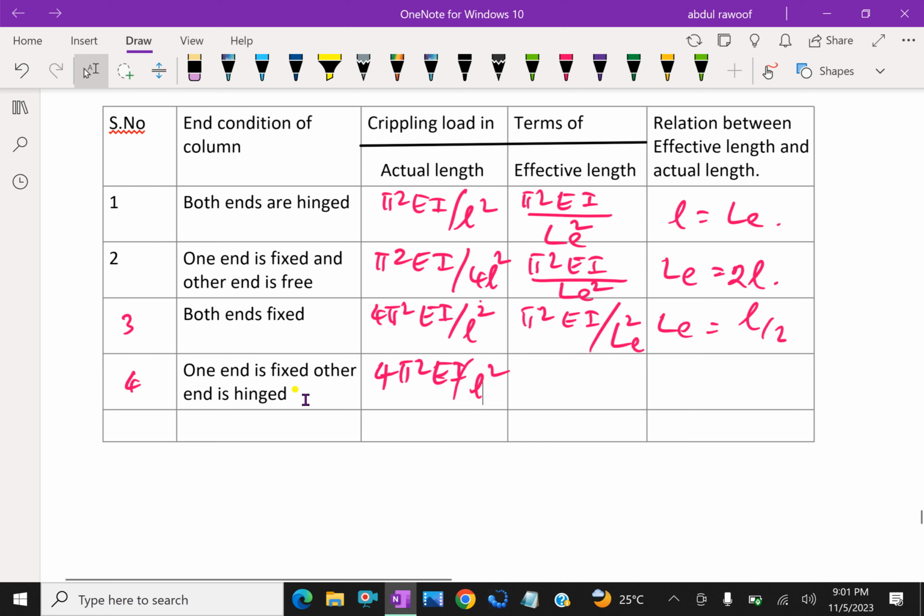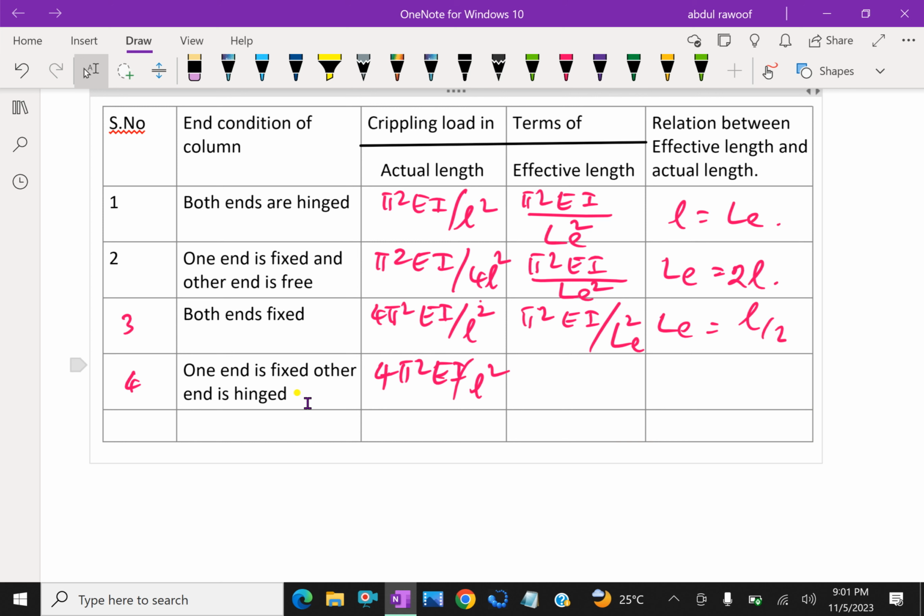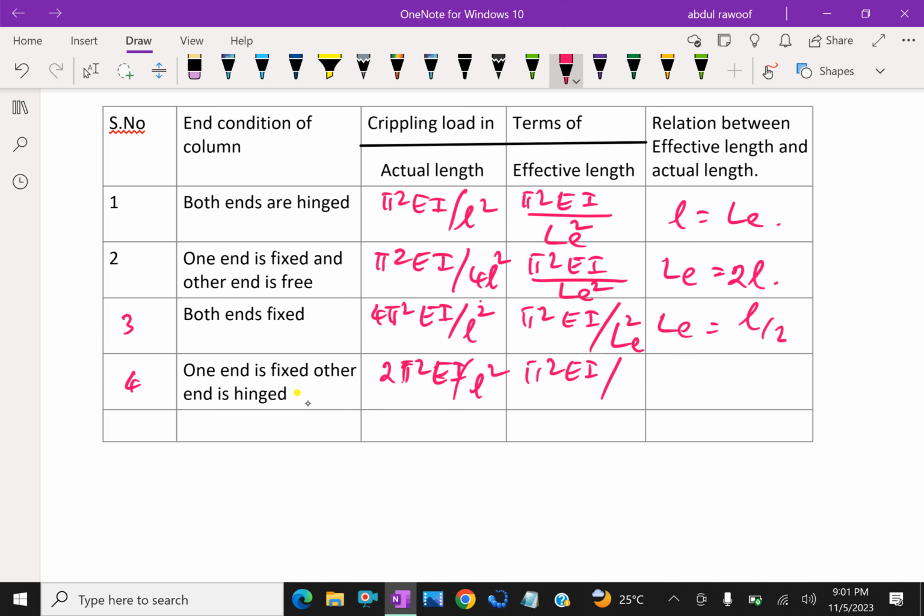Now we'll check this. Here pi square EI over LE square, and here the condition is LE equal L by root 2.